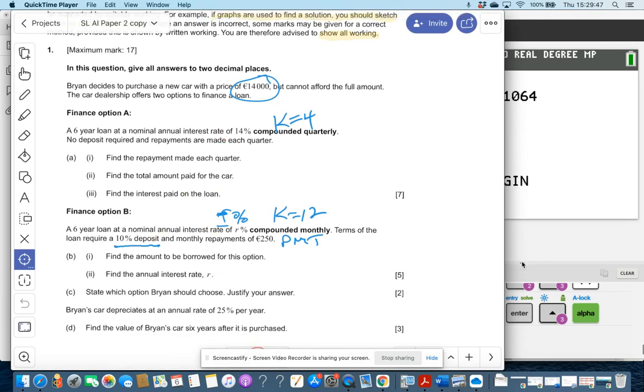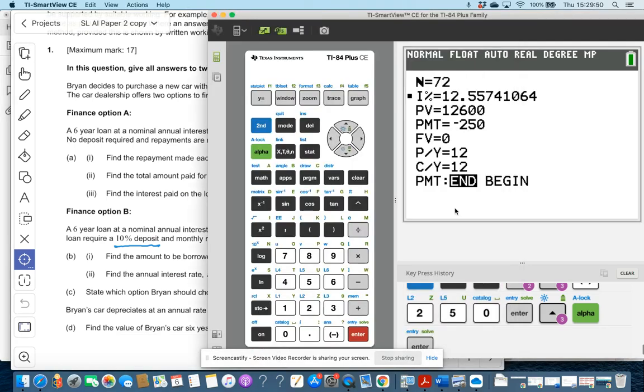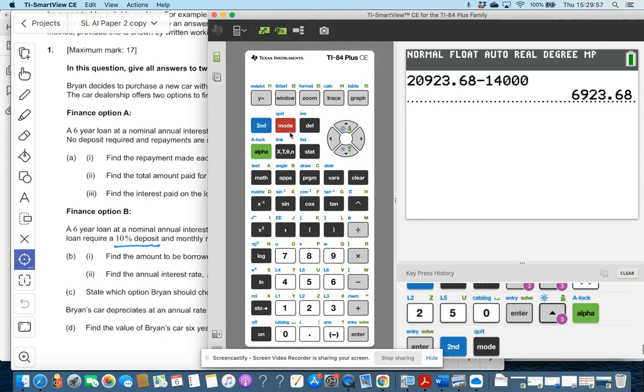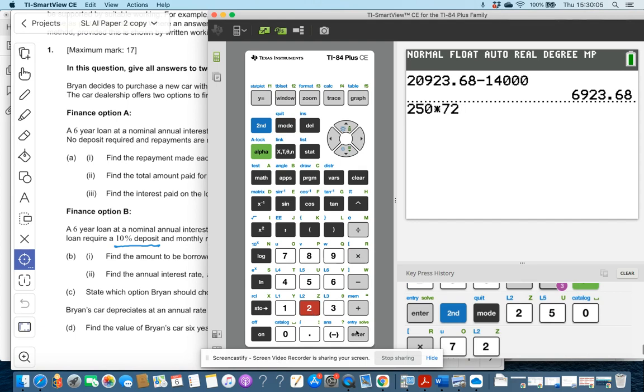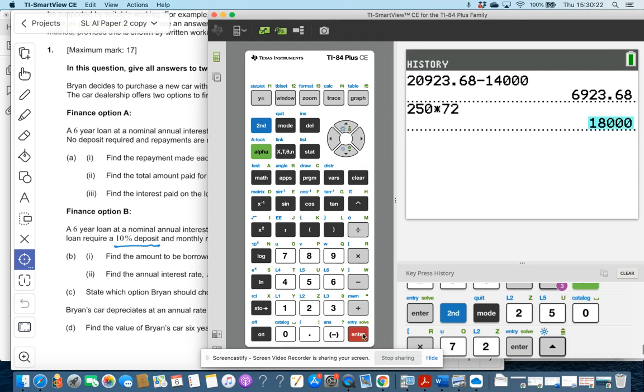Okay, so total amount of payments, it was 250 euros times 72. Okay, that would be the total for this. And then this loan was not for 14,000. It was for 12,600.